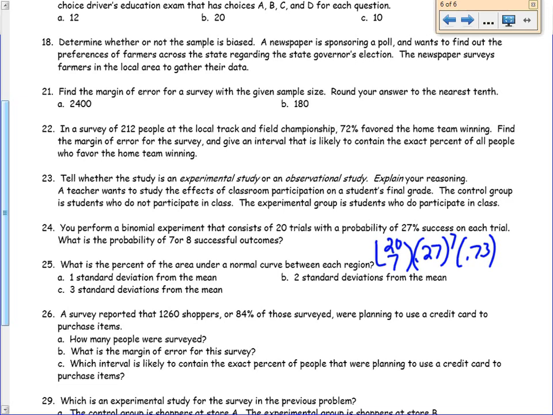It's binomial, there's two things that can happen. 13. Punch buttons, hit enter. Just punch buttons on your calculator right here for 20C7, 0.27 to the 7, 0.73 to the 13. Save it. Then turn around and do the same thing for 8: 20C8, 0.27 to the 8, 0.73 to the 12th.